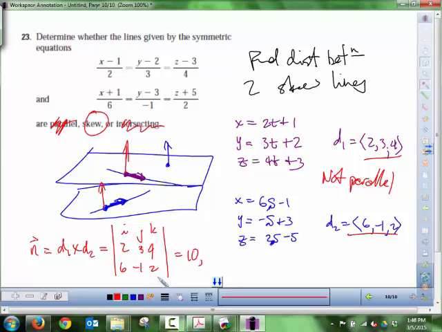So negative 20, but then the J has a built-in negative, so positive 20. And then the K is a negative 2 minus 18. Negative 2, negative 20, right? So I get this vector as my normal vector.